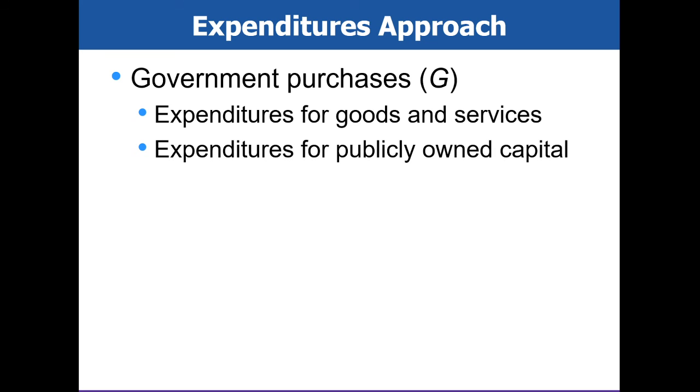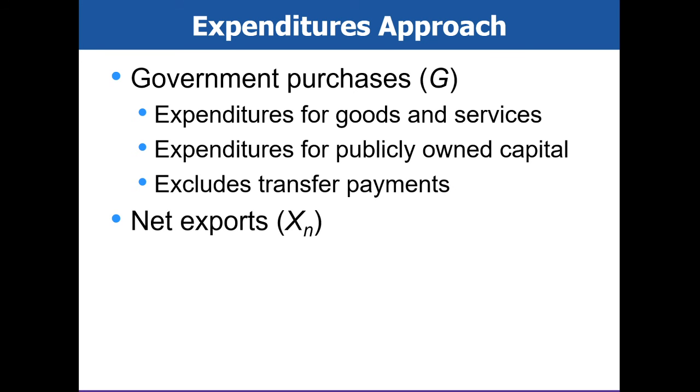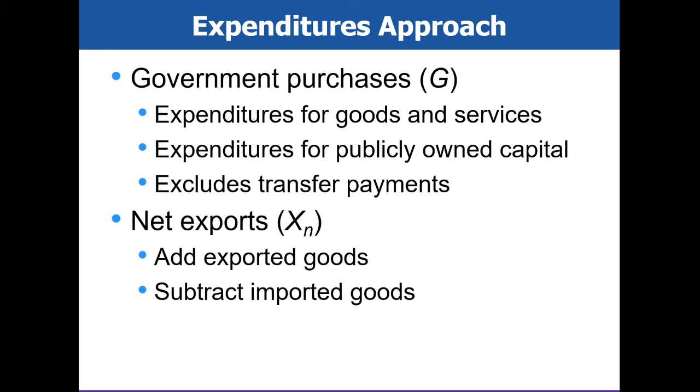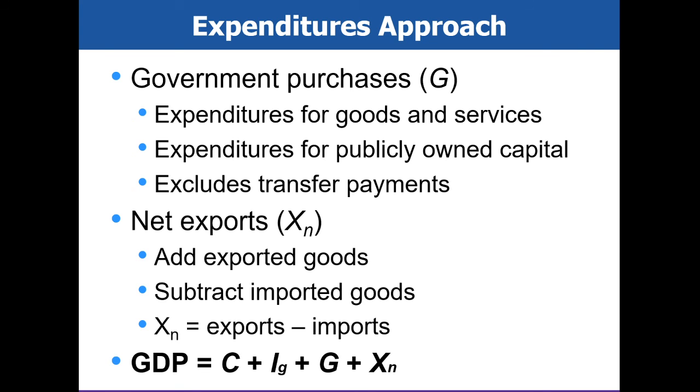Expenditures for goods and services, expenditures for publicly owned capital: bridges, roads, hospitals, schools. We exclude transfer payments. Then the one I talked about just before is net exports, right? So what that means is we add up the exported goods and we subtract imported goods, which means X sub N, which is exports minus imports.